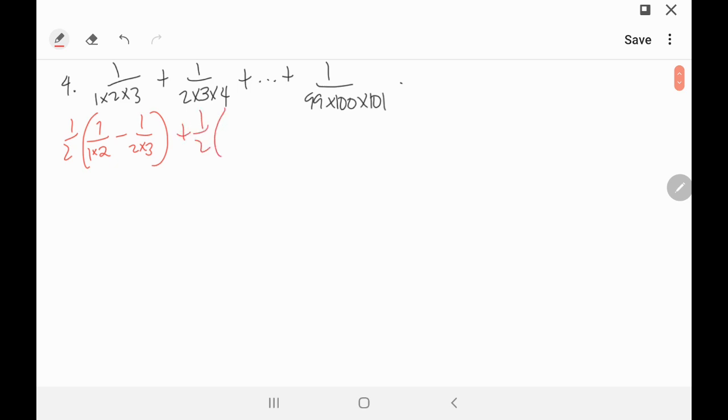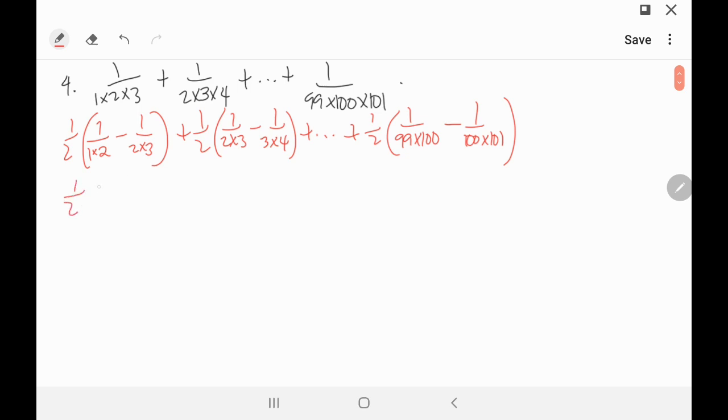Similarly, the second fraction will be 1 half of 1 over 2 times 3 minus 1 over 3 times 4. And this pattern continues up to the last term, 1 half of 1 over 99 times 100 minus 1 over 100 times 101. And then everything has a factor of 1 half.